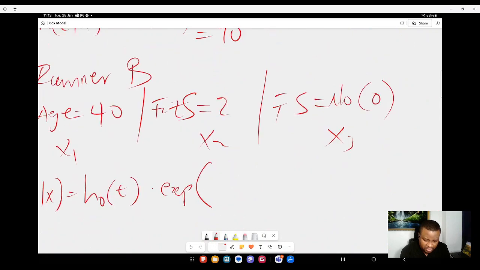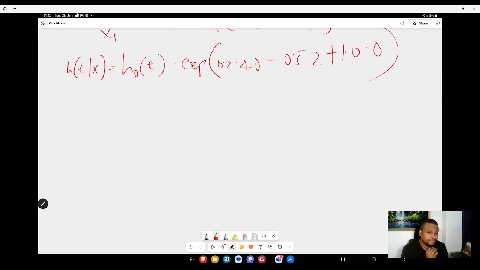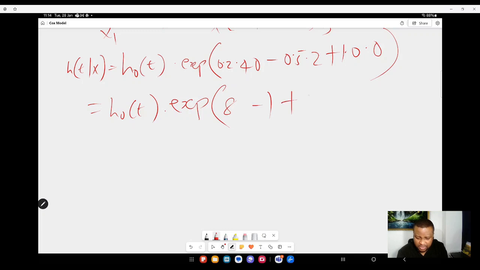So it becomes 0.2 times the age here, which is 40, minus 0.5 times the fitness score, which is 2, plus 1.0 times the fancy shoe, which is 0. Let's simplify this further. This should be 8, if I'm not mistaken, minus 1 plus 0. Everything here is 0.